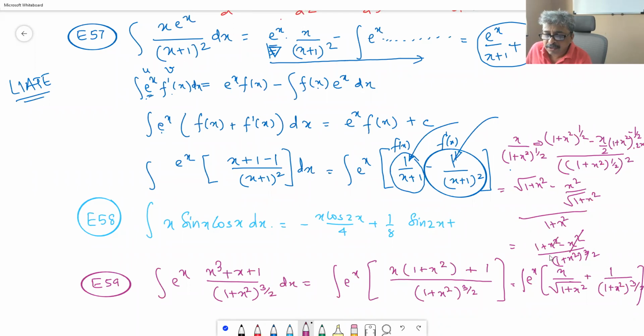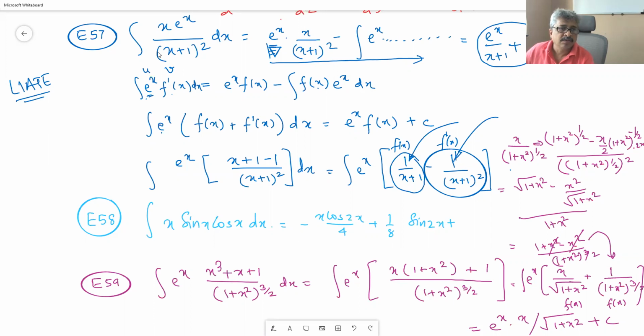So x square is cancelled. This is f dash of x. This is f of x. This is f dash of x. And therefore the answer for the integral is e raised to x into x divided by radical 1 plus x square by the formula that we have proved just now.